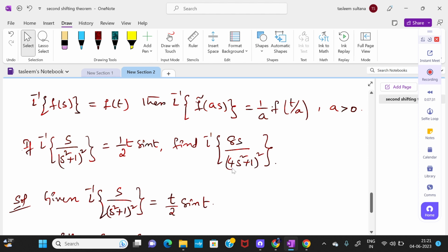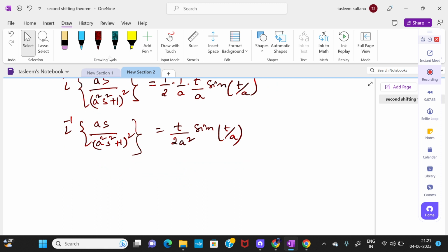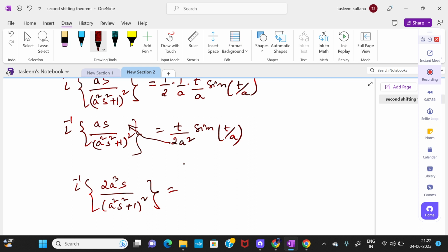In the denominator, what is there? 4 whole square. Or otherwise, it's no problem if you cross multiply here also. I will take this denominator on that side. So it's going to be L inverse of 2 into a cube s divided by a square s square plus 1 whole square, which is equal to t into sine of t divided by a.